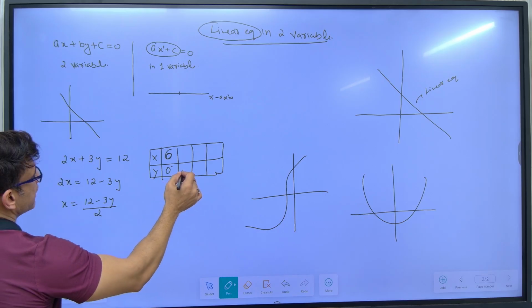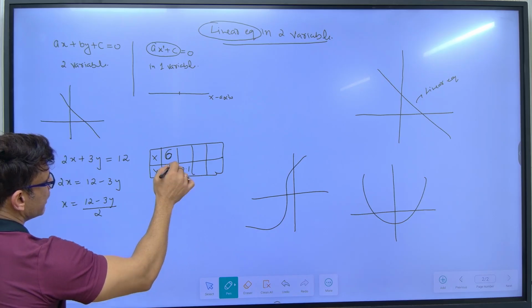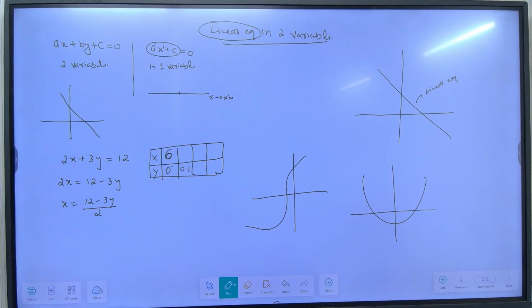If I put y is equal to, let's say 0.1, then there will be some value of x. So every time I put values of y, you'll get one value of x. So infinite solutions exist in this case because y can take infinite values. Small, very small, right? 0.1, 0.001, 0.0001.